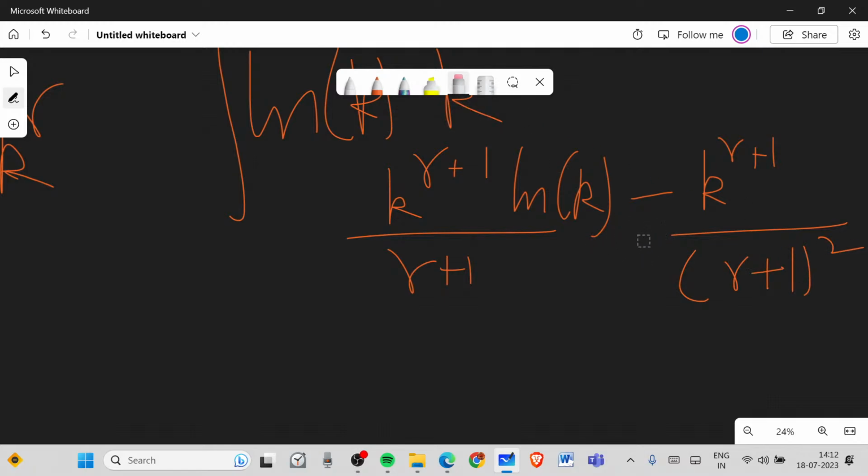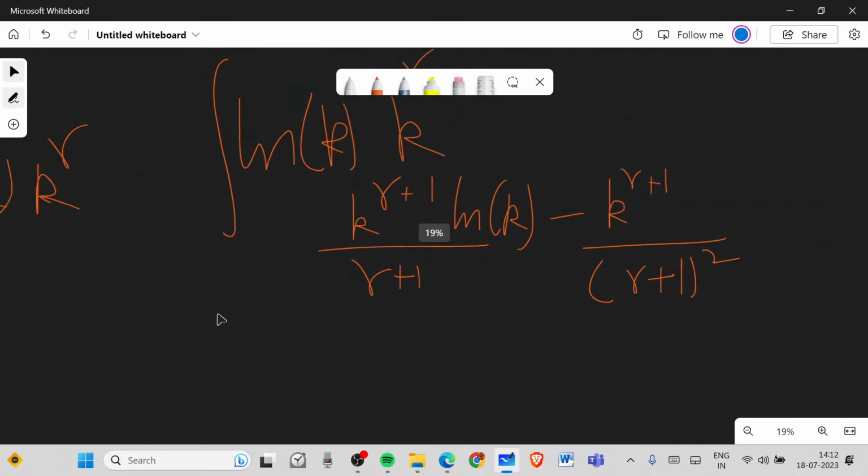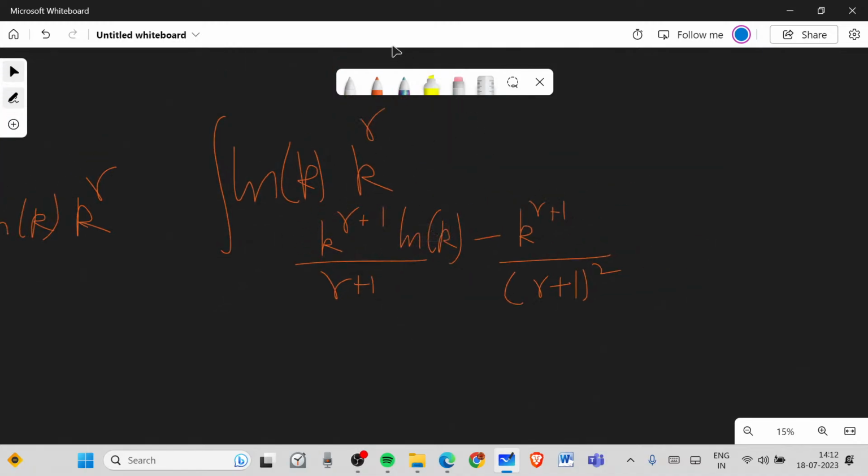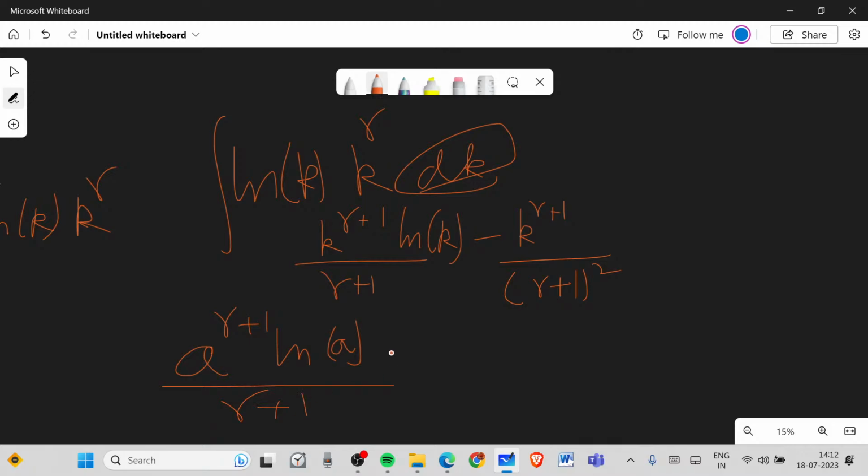Okay, so this is our indefinite integral, and putting a and 1 over here, a to the power r plus 1 ln a. Actually I don't write dk, so that's why I'm often confused with variables.